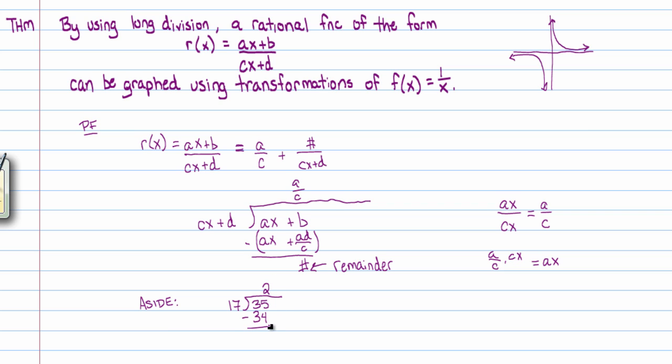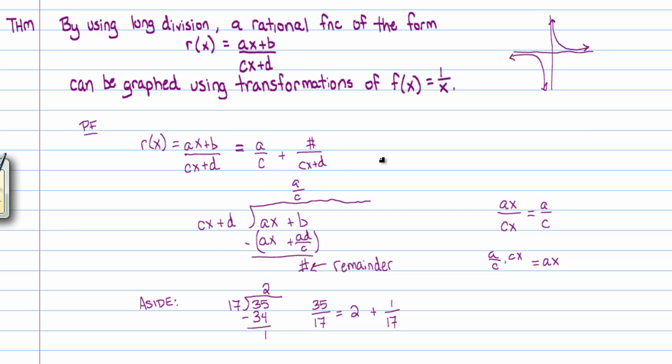Notice I'm doing the same math here. And you do the subtraction, you get 1. 17 can't go into that. So what that tells me is, if somebody asked me what 35 divided by 17 was, I would say, oh, it's 2, plus that remainder over the 17. So when I'm dividing cx + d into ax + b, it's a over c, plus that remainder over that cx + d.